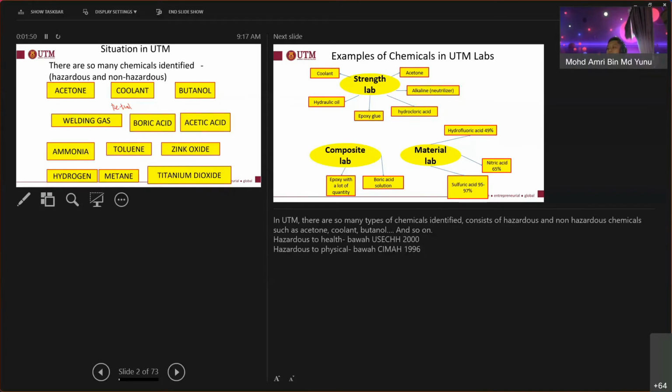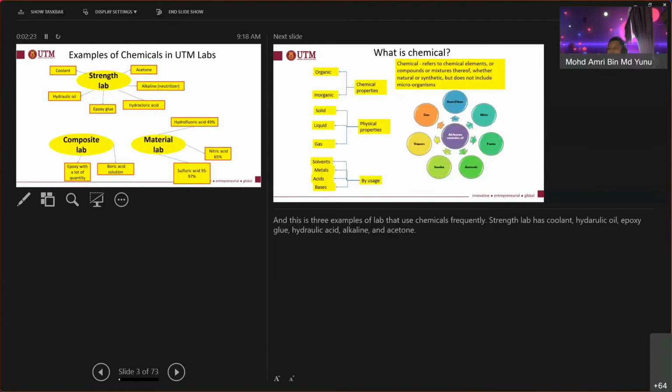Basically there are standards and regulations under OSHA, called USHE, that focus on the hazardous effect of chemicals on health. And there are others, like the CLASS regulation. So we're going to look whether we can find it in this part.